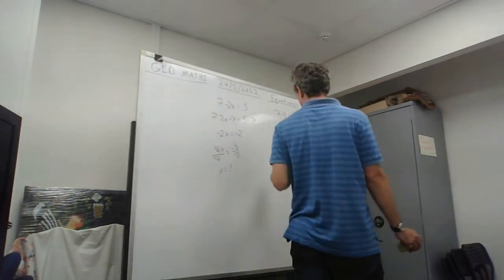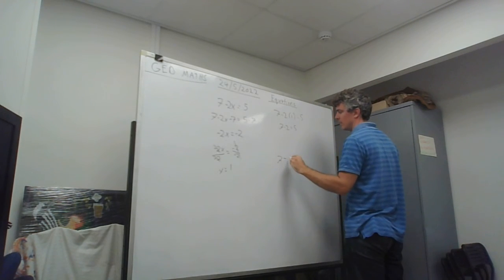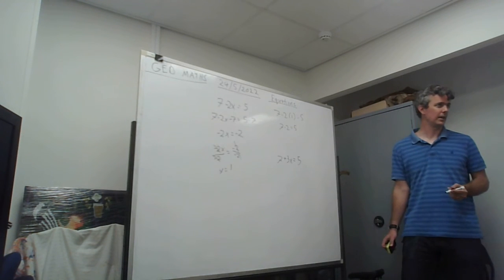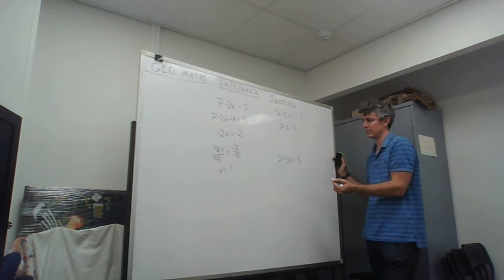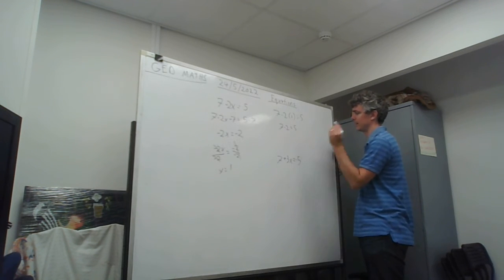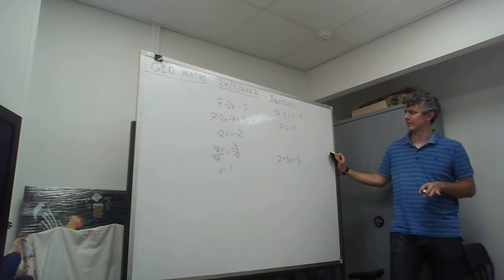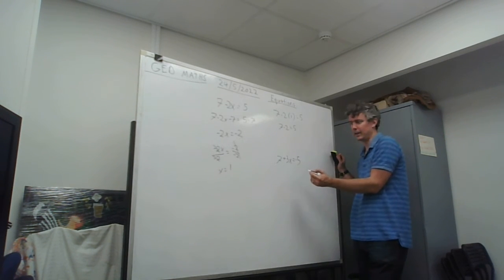Say, for example, it was 7 plus 3x equals minus 5. The same idea. So we're going to subtract 7 from each side, right?